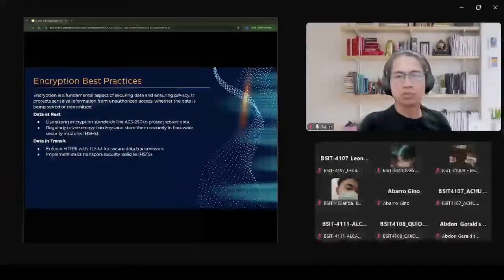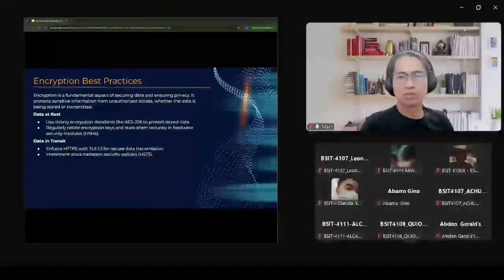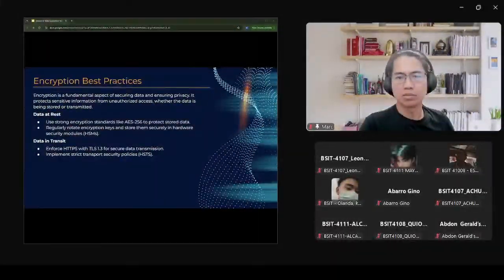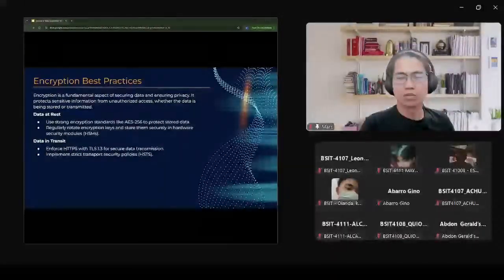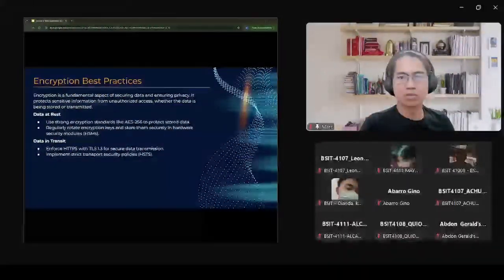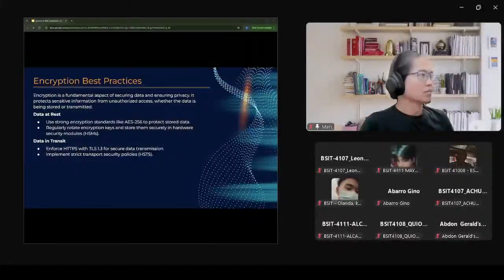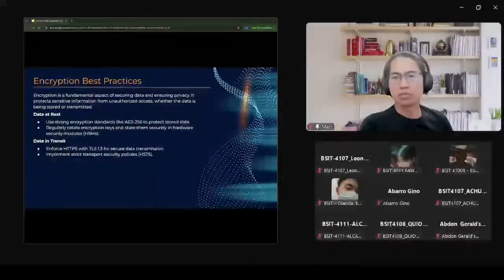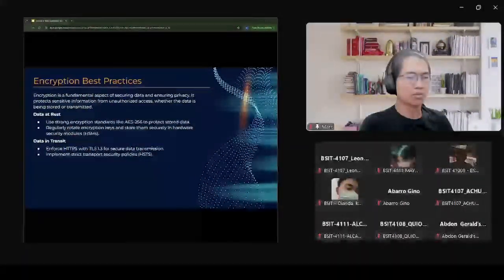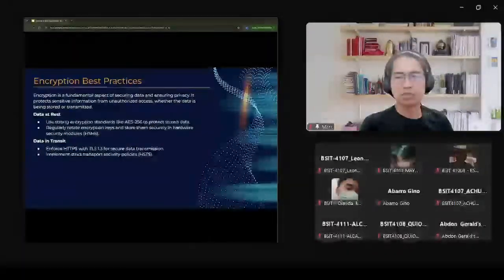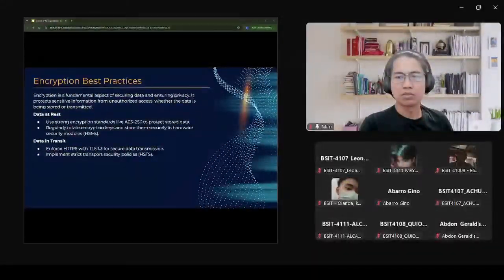The next is implementation of HTTP Strict Transport Security, HSTS. HSTS is a security feature that instructs browsers to always communicate with a website using HTTPS, even if the user initially enters an HTTP URL.